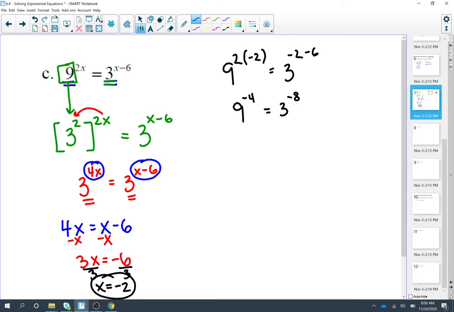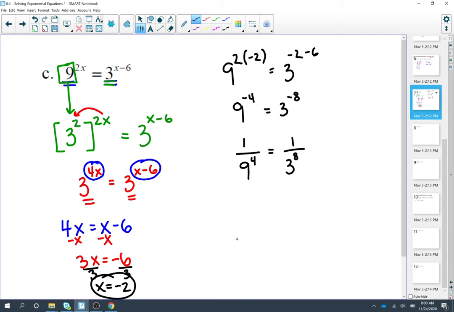I'm going to say 9 to the negative 4. Well, remember, if it's a negative exponent, not a negative number, a negative exponent, we do the reciprocal. So this is going to become 1 over 9, and then my negative 4 power is going to go positive 4 power. Equals 1 over 3, and then my negative 8 power is going to go positive 8.